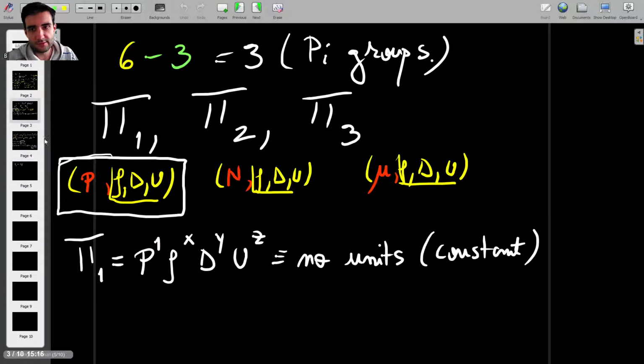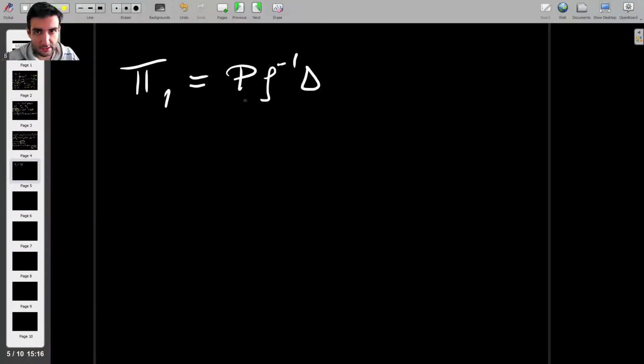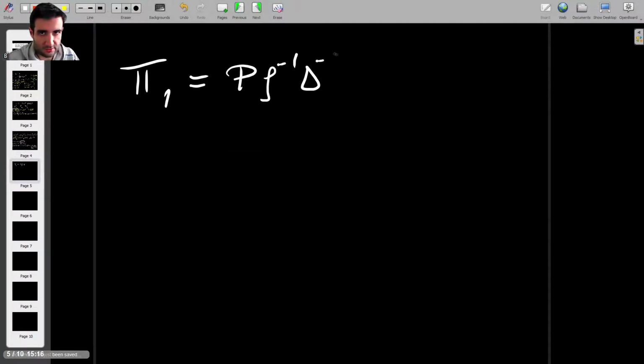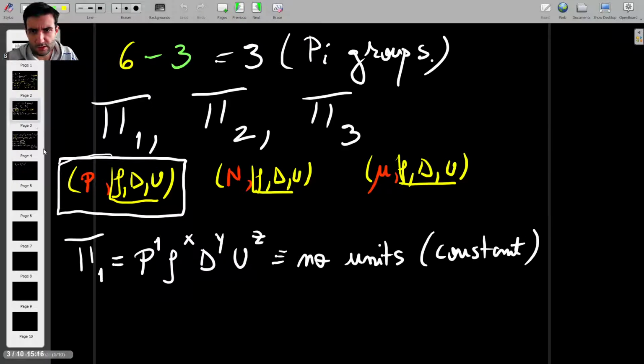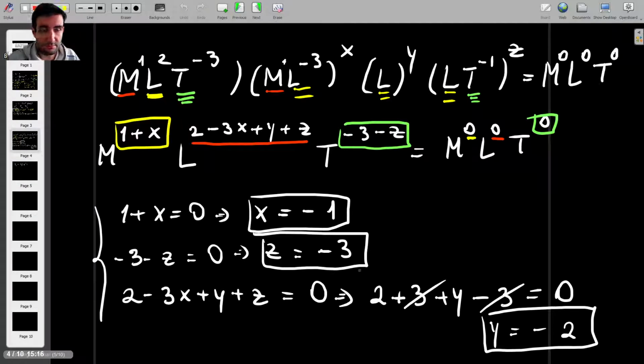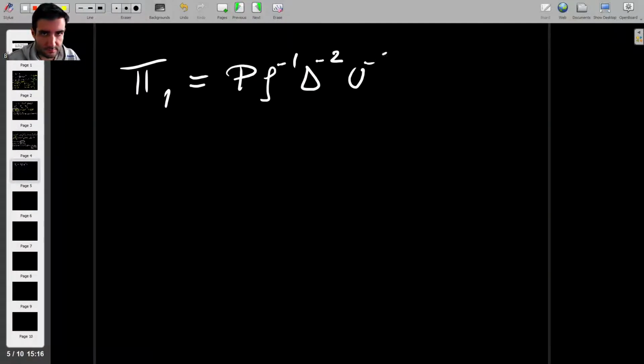Then we have the diameter d to the power y. So y is minus 2. And I think the last one was the speed u, right? So this is to the power minus 3. And if we get rid of the negative powers, this is just power over rho d squared u cubed.